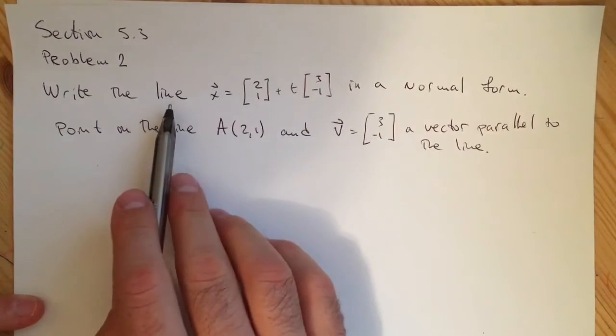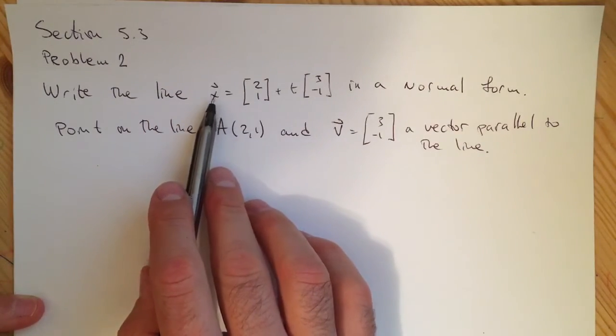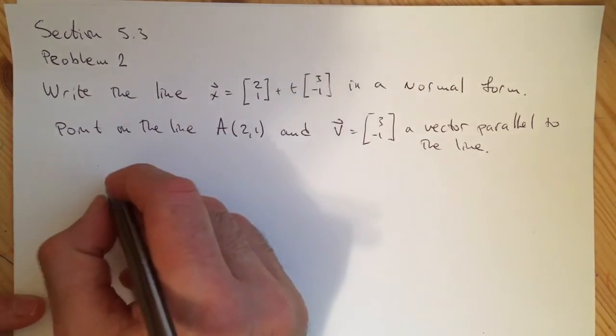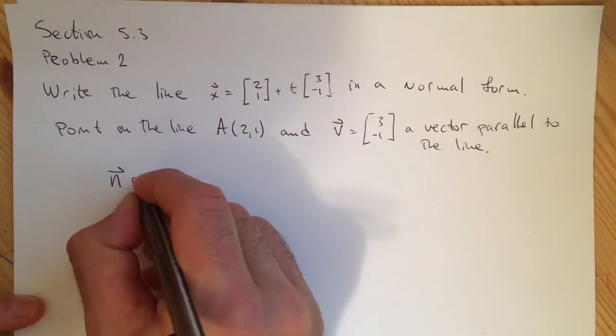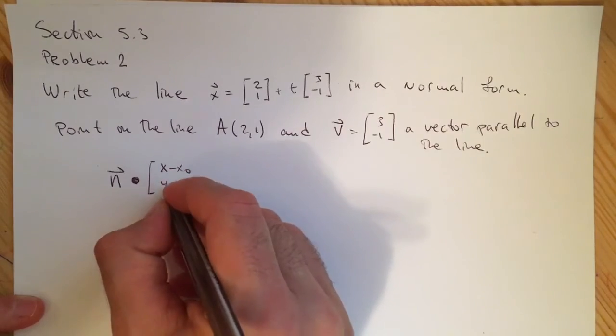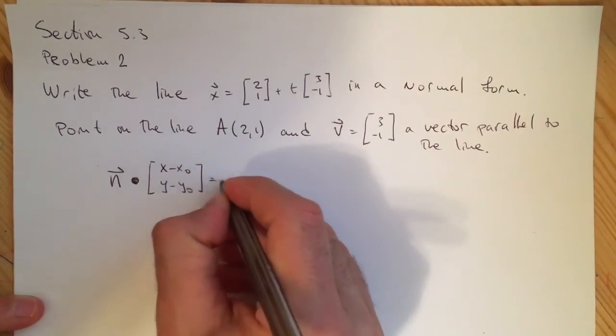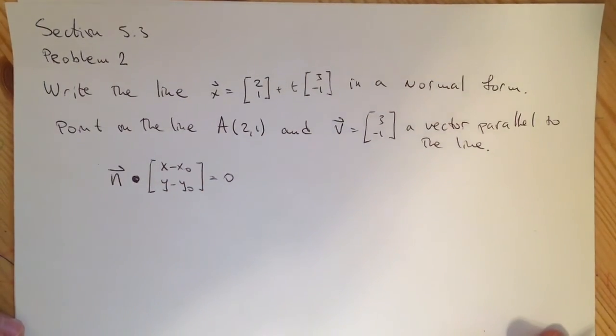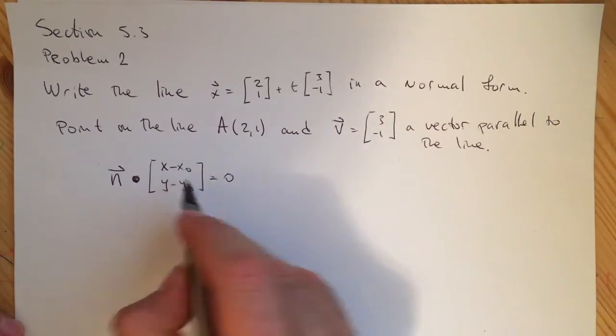In order to write the equation of this line in normal form, the definition is the normal vector n dot product x minus x naught, y minus y naught, is equal to 0, right?